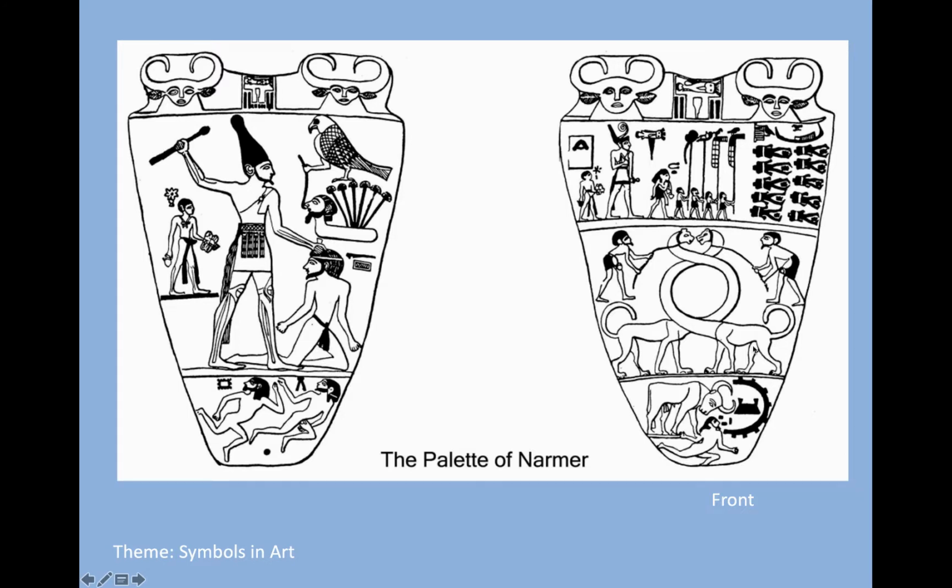So here he is symbolized as strong and powerful. There's those horns, and he's breaking into the city center, killing his enemies and uniting Upper and Lower Egypt. So that's the front. Then we'll go to the back.